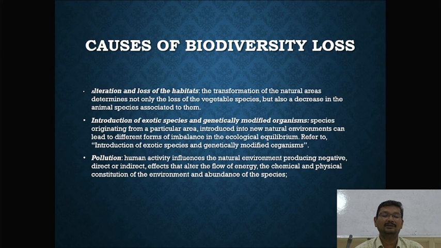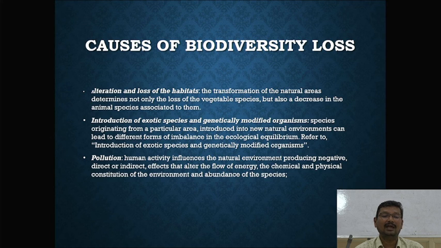Causes of biodiversity loss. Alteration and loss of habitat: the transformation of natural areas determines not only the loss of vegetable species but also a decrease in the animal species associated with them.